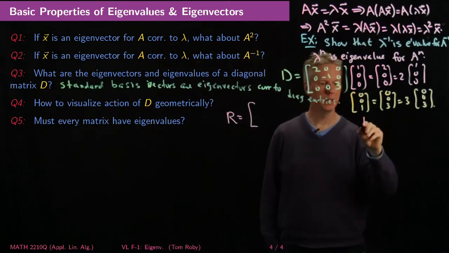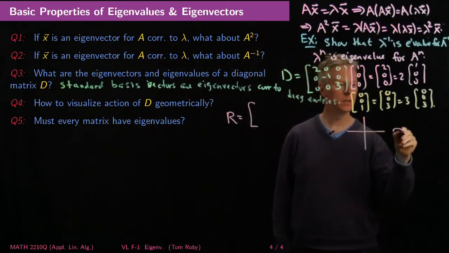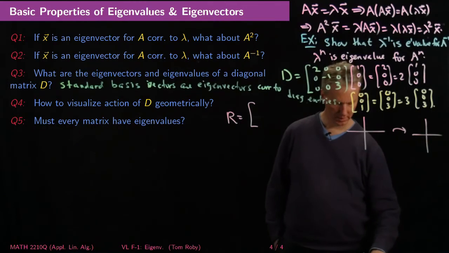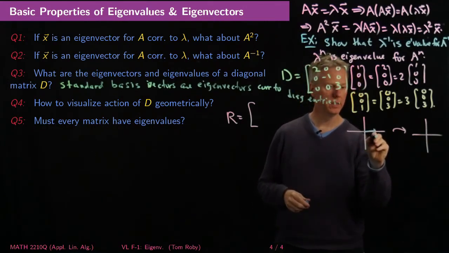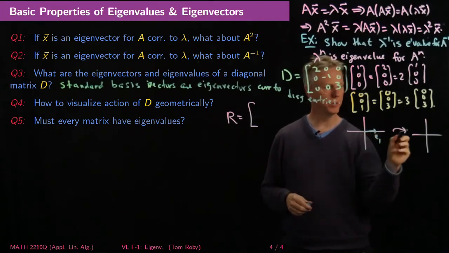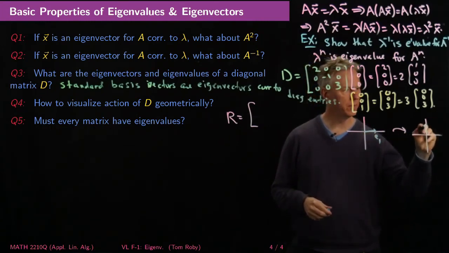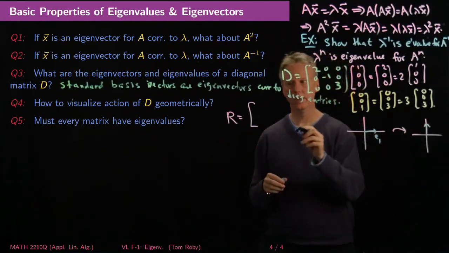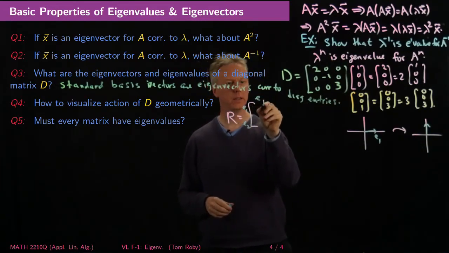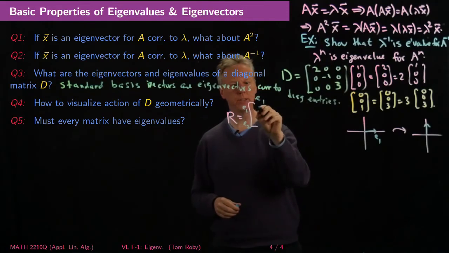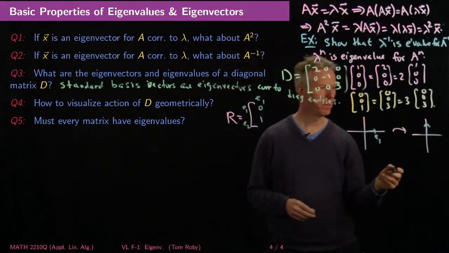So it takes E1, the output of E1, if I rotate it by 90 degrees, it goes here. So with respect to this basis, E1 maps to E2, so that's 0, 1.